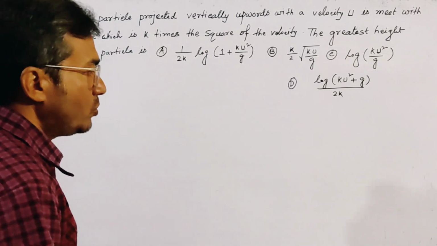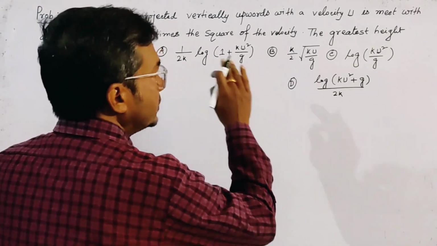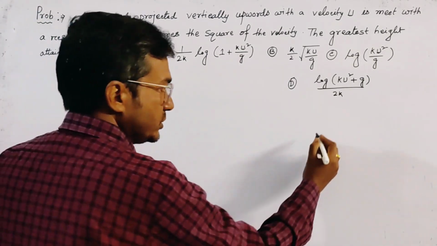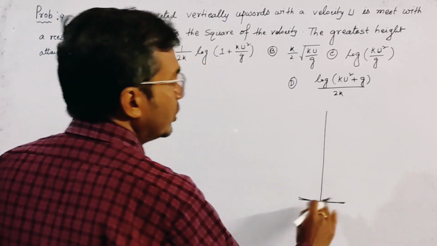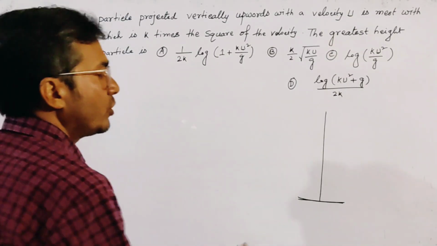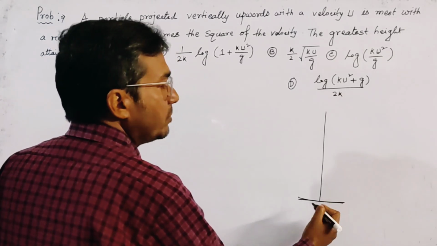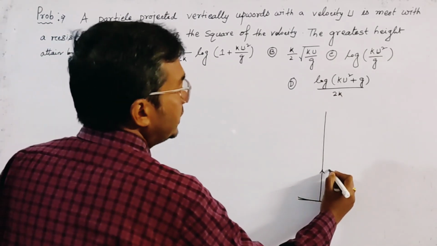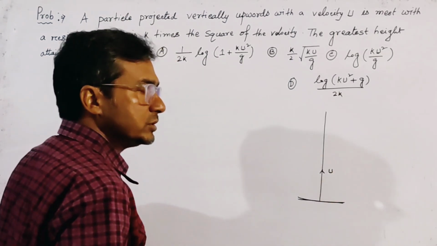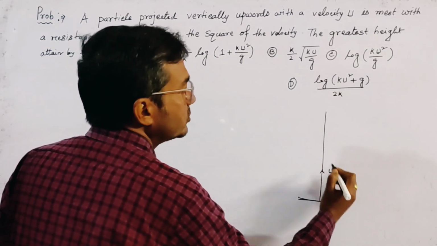Now we try to solve this problem by a rough sketch. Let this be the horizontal line from where we project the particle vertically upwards with velocity u. This is the upward velocity.